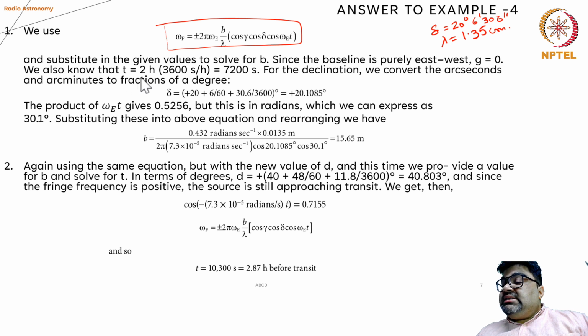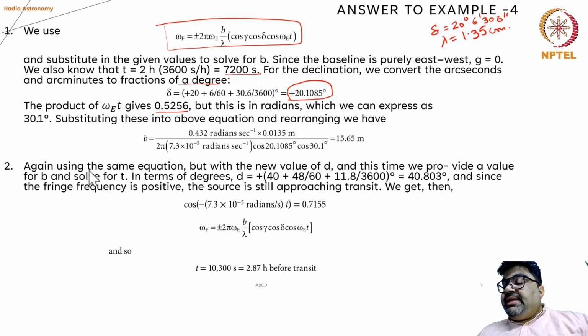Time is 2 hours, that is 7,200 seconds. For the declination, we convert the arc seconds into a fraction of a degree. So we converted the entire thing into delta equal to 20.1085 degrees.